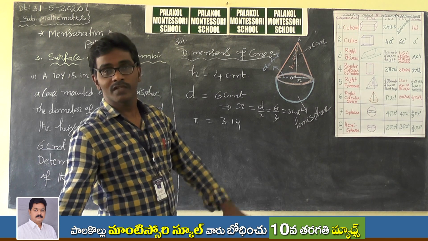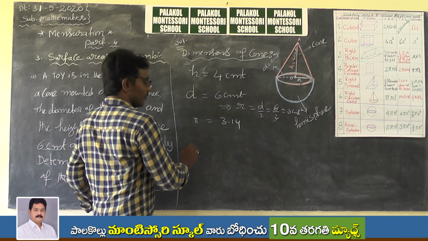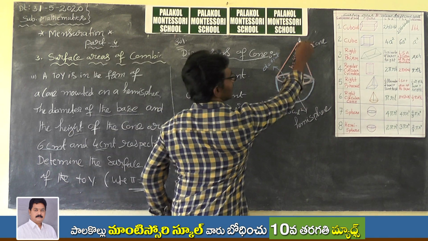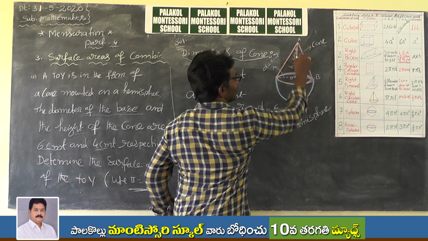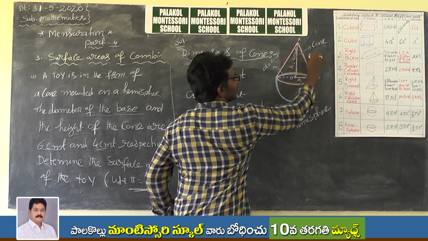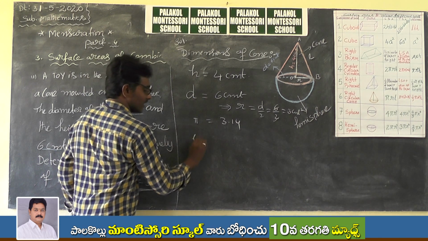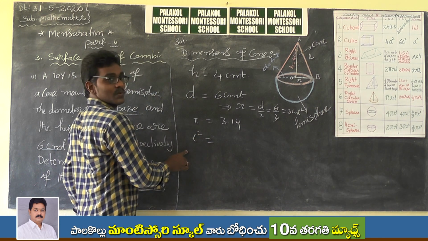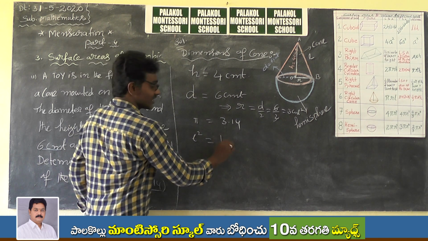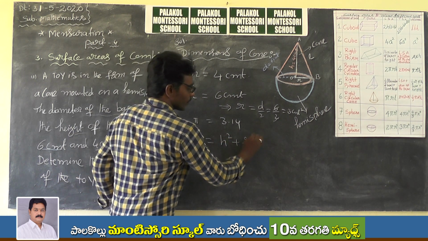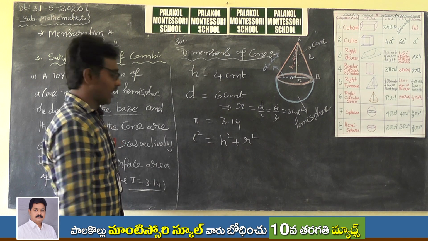Now first find out the l value. How to find out the l value? See, here it forms a right angle triangle. This is called the slant height of the cone. How to find it? l square is equal to h square plus r square.